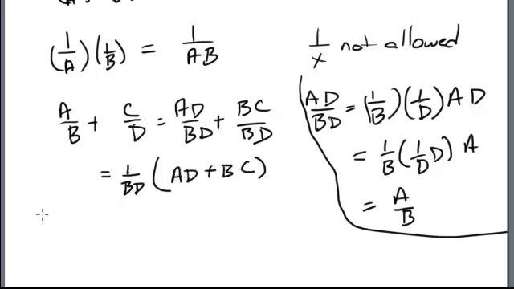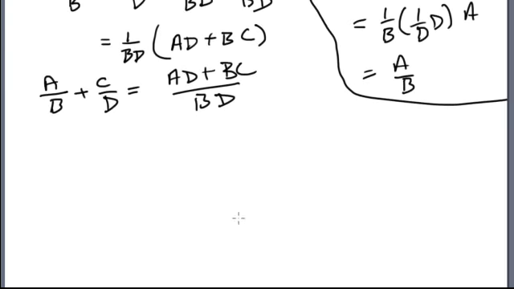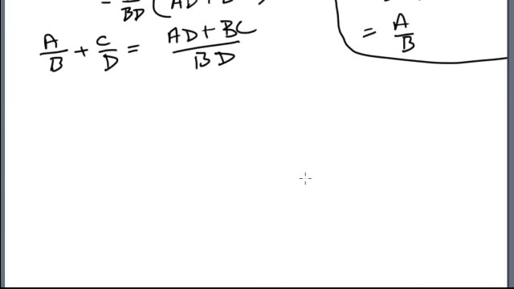So that gives us how we'll define addition of fractions: A over B plus C over D is equal to AD plus BC over BD. That's how we'll add fractions.